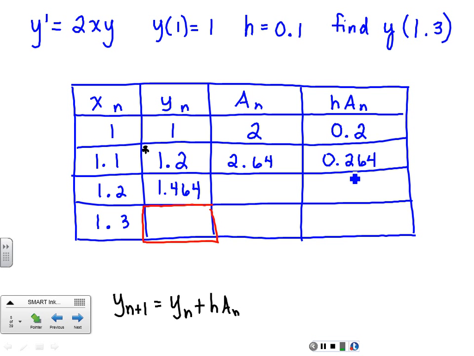2 times x times y. That one you're saying is that other problem. This is a new problem altogether. Oh, okay. Your a sub n is the DE. Your a sub n is the differential equation. This is a brand new problem. Okay? Totally depends on what you're given.